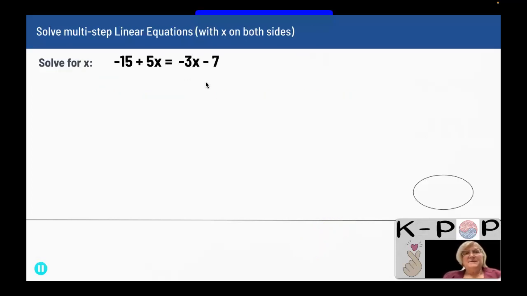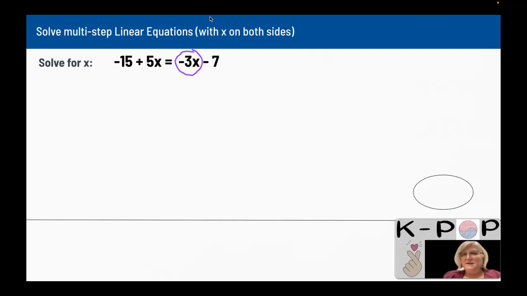My last example is a different example from the first two. Okay, it is negative 15 plus 5x equals negative 3x minus 7. I am going to choose to move a term. So the term that I'm going to choose to move this time, I'm just going to choose negative 3x.